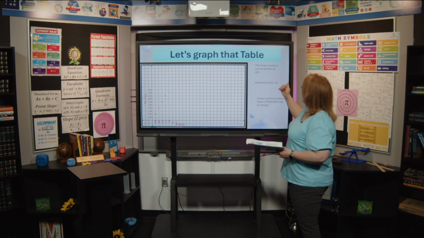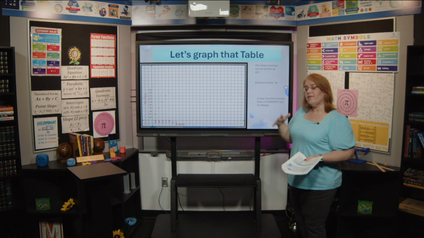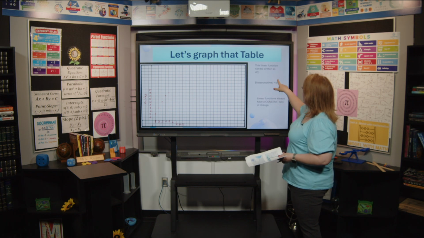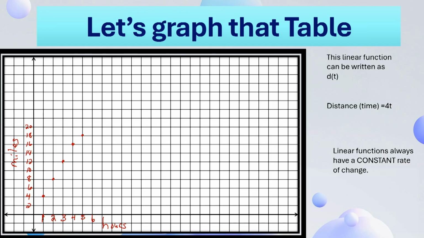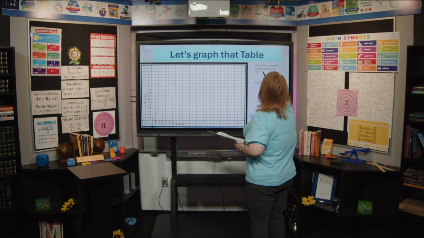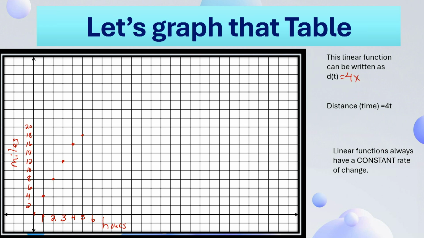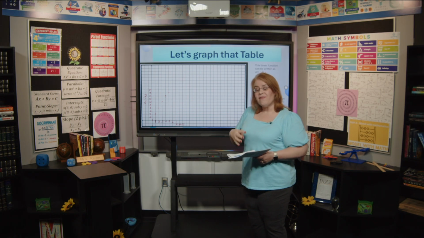First of all, I need to see that this is going to be some type of linear function. This linear function can be written as d equals, and I know that I start at 0, 0, and every time I go to a new point, I'm going up 4 miles and over 1 hour. So I could say d equals 4x. Our distance to time is my 4x. So then, did I correctly plot for my 5th hour?